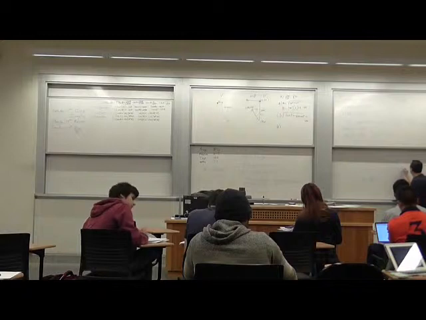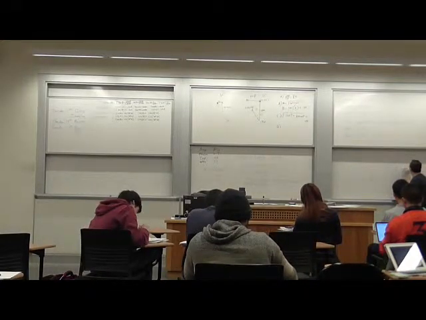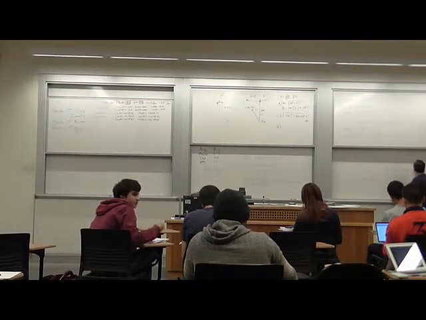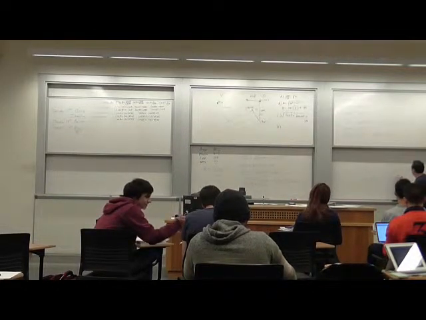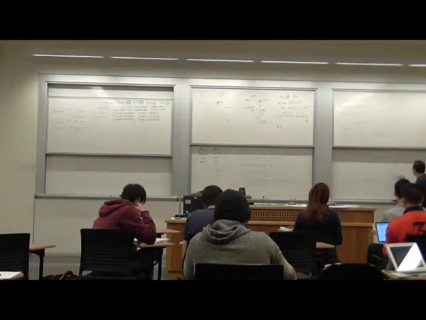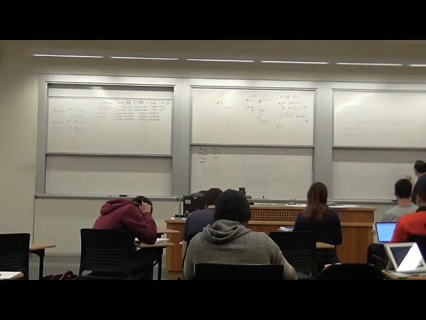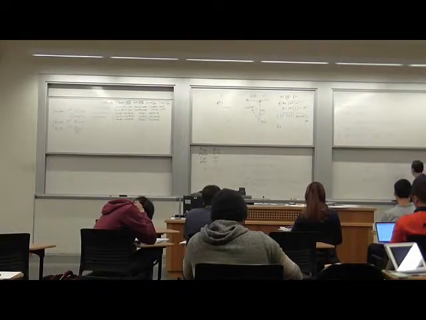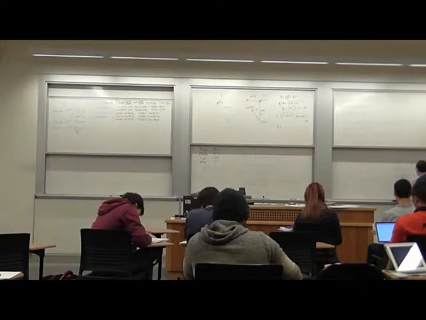So now we end up with x squared plus x minus 6 equals 0. And we get x plus 3 times x minus 2 equals 0. So we say, oh, x is equal to 2 and negative 3.